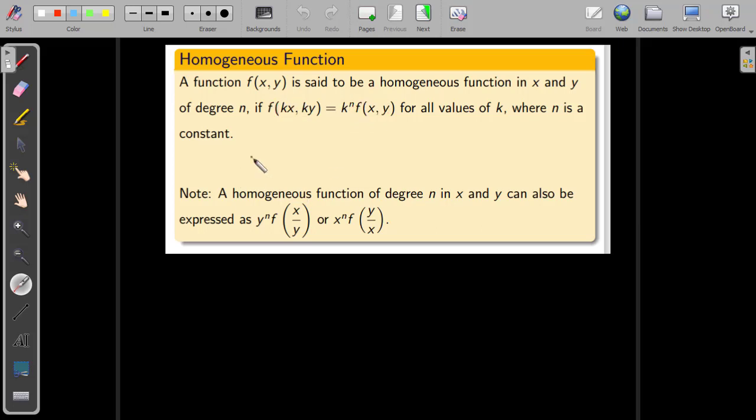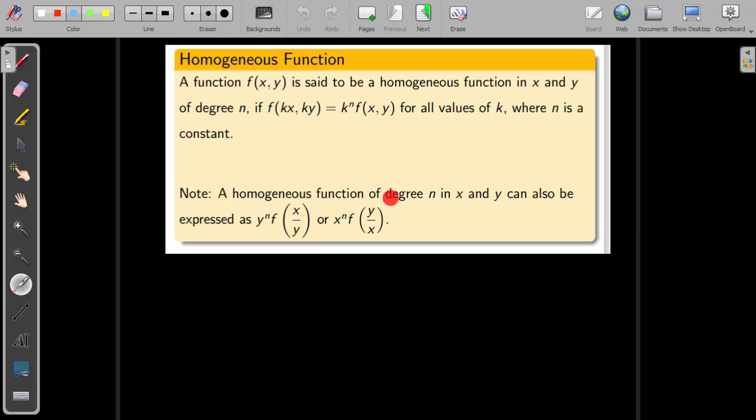Sometimes it is not possible to express f(kx, ky) equal to k^n f(x, y). In such cases, we can adopt another technique to know whether the function is homogeneous or not.